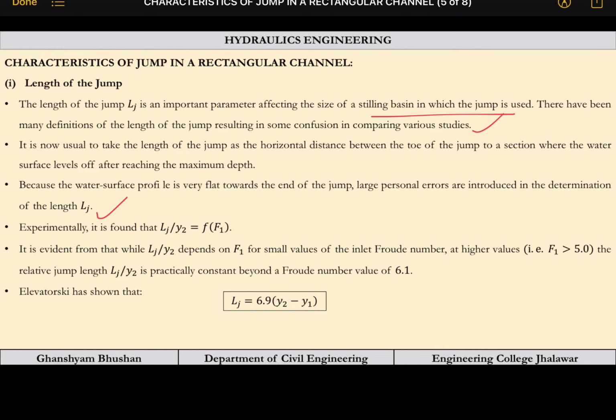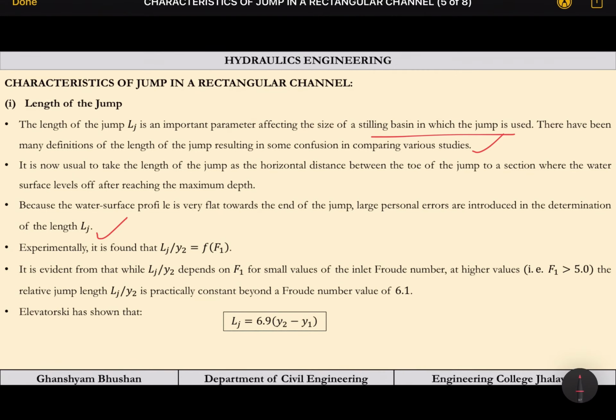Now experimentally it is found that Lj by y2 is a function of F1. While Lj by y2 depends on F1 for small values of the inlet Froude number, at higher values, when the Froude number is greater than 5, the relative jump length is practically constant beyond a Froude number value of 6.1.